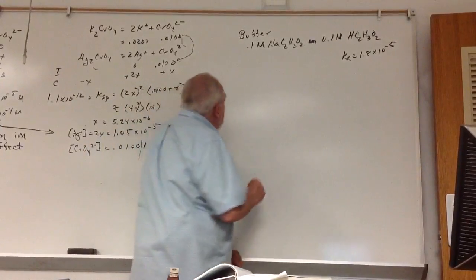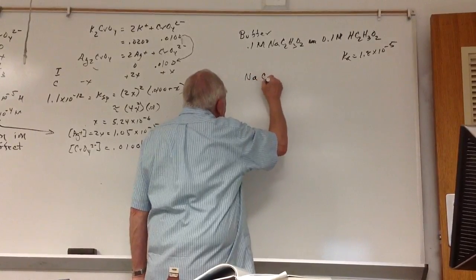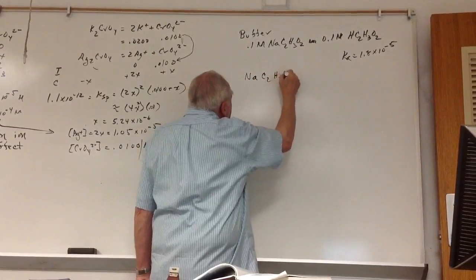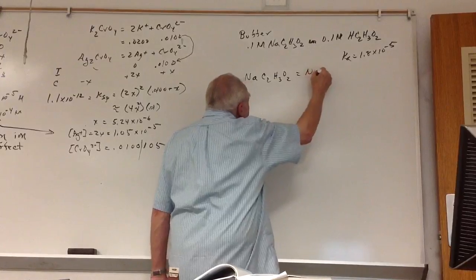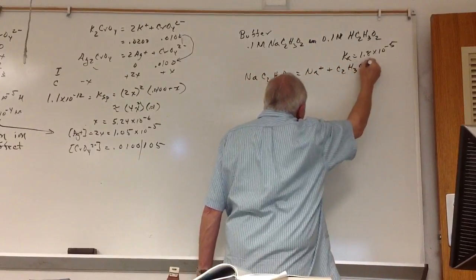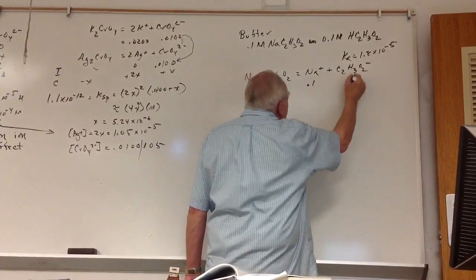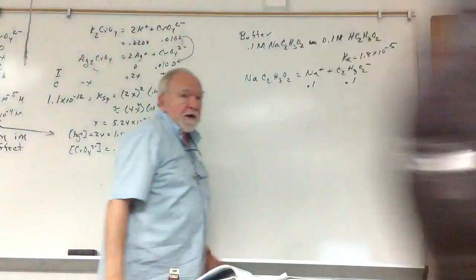And what happens is, stoichiometry first. This started out as 0.1, this is 0.1, this is 0.1. Then we do our equilibrium.